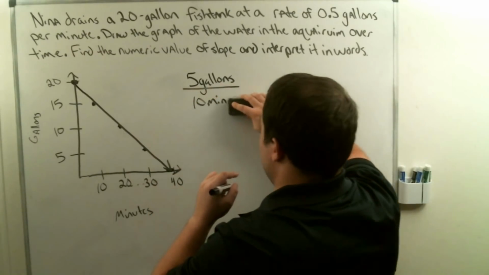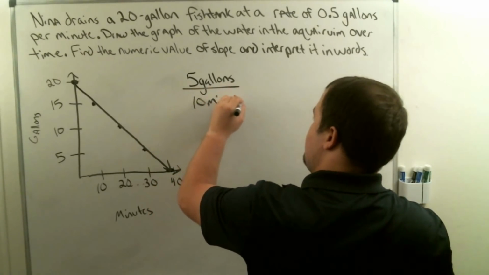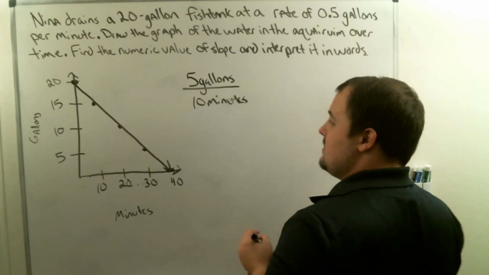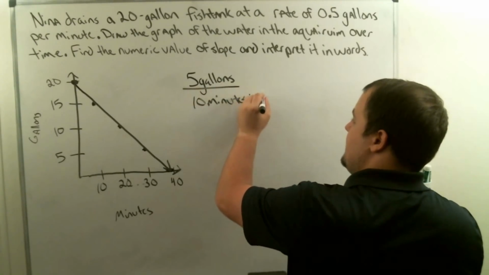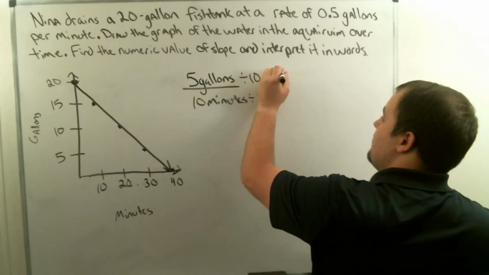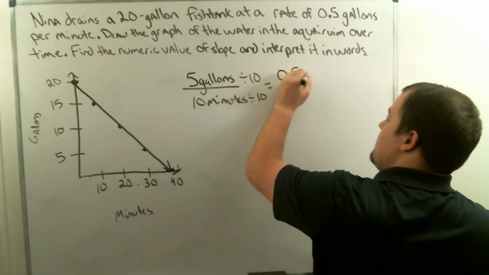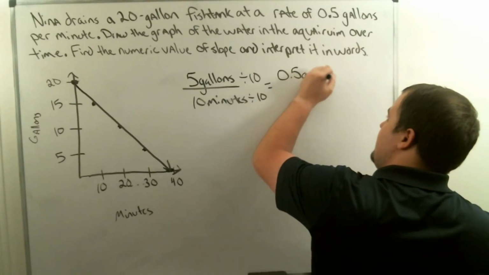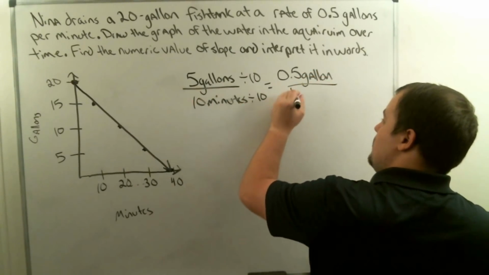Might have put minus. So it went down 5 gallons in 10 minutes. Well, if we divide by 10, that means that our graph is going half a gallon in 1 minute.